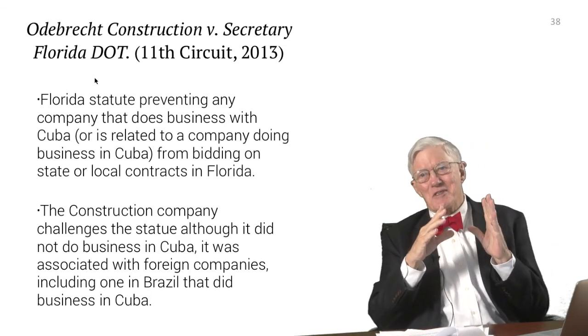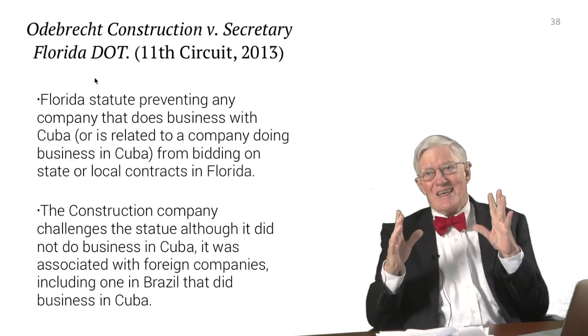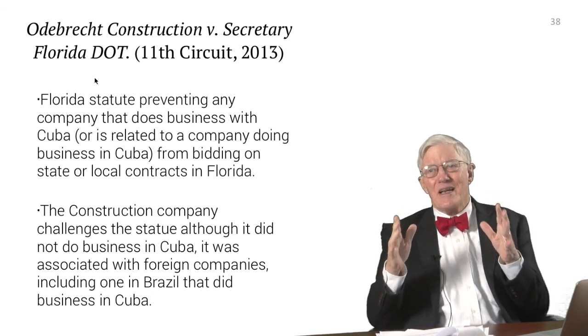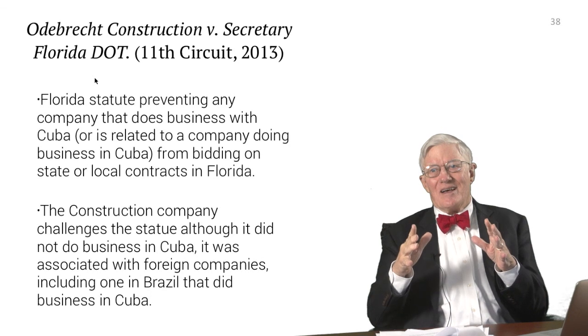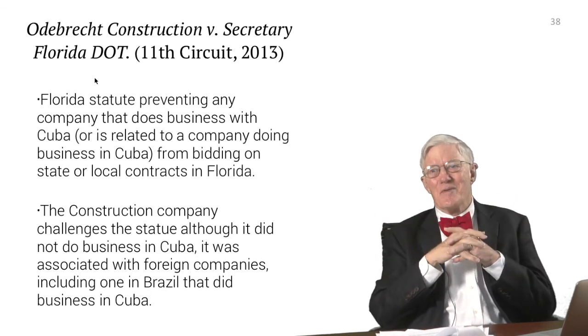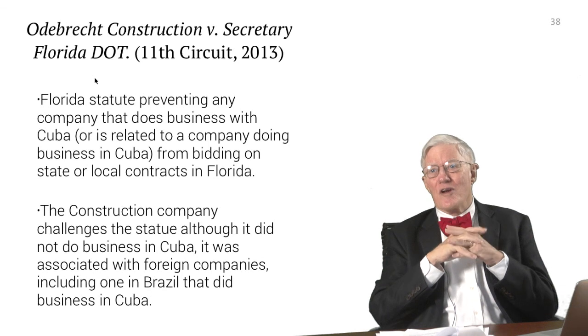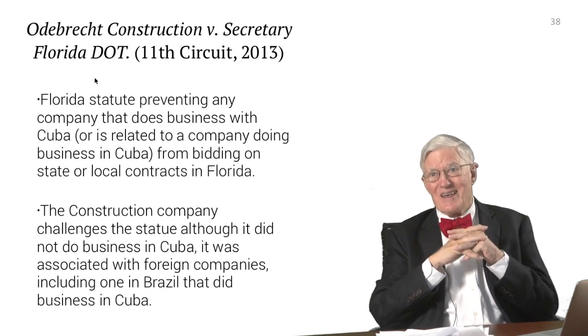Now, the act was drawn in a very broad way. It said not only any company that did business with Cuba, but any company that was affiliated with a company that did business in Cuba. And Odebrecht did not do business in Cuba, but did a very substantial amount of construction business for the Florida Department of Transportation.